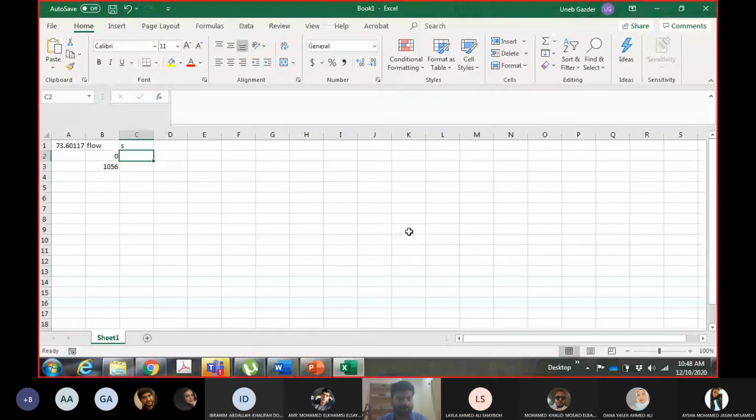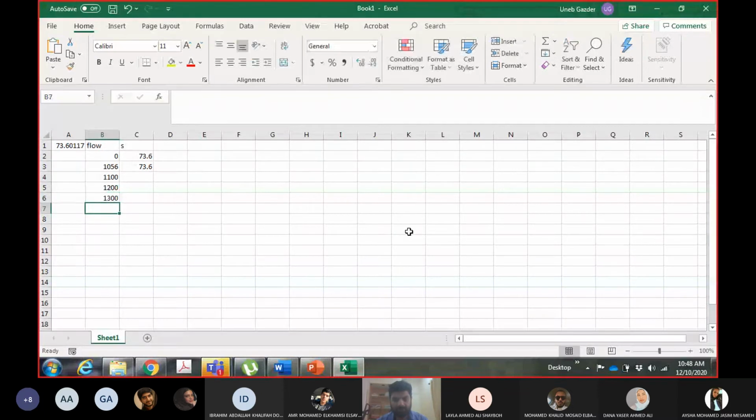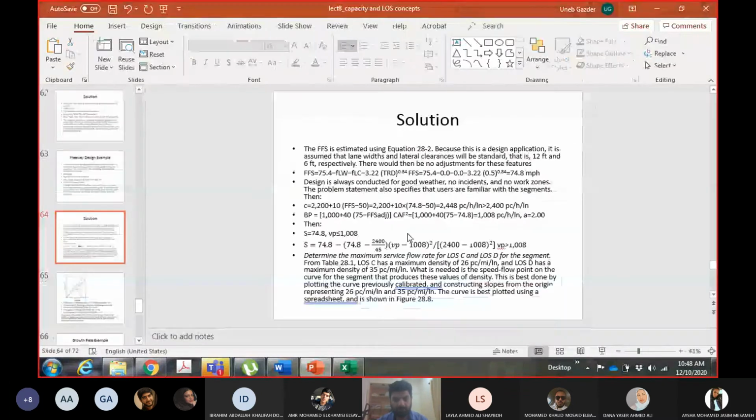Up to the breakpoint, speed doesn't change. Then you try different values, let's say 1100, then 1200, then 1300, then 1400. For each case you calculate the value using this equation.